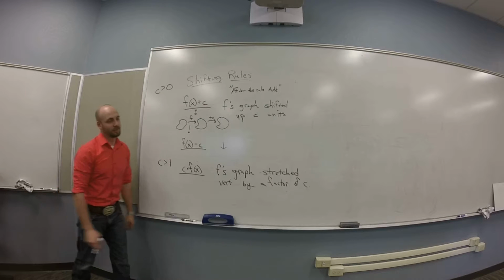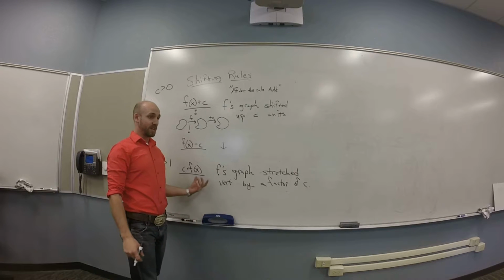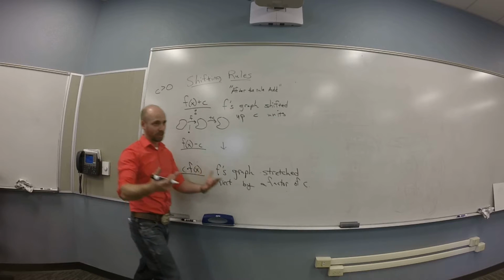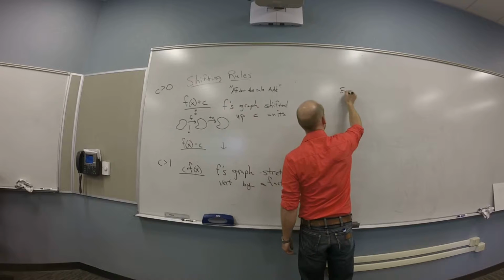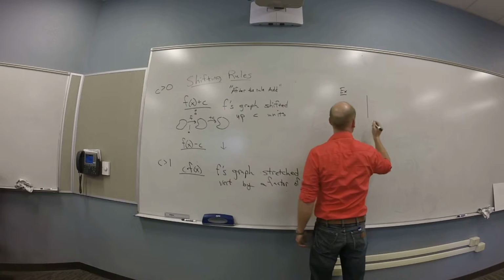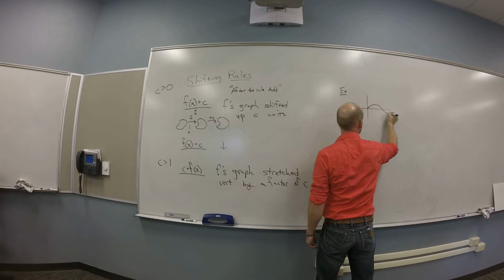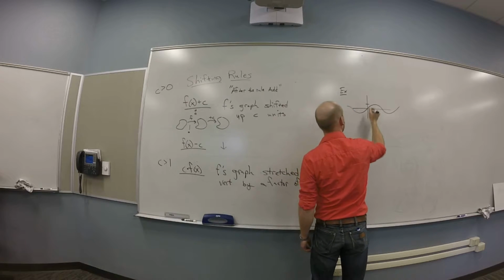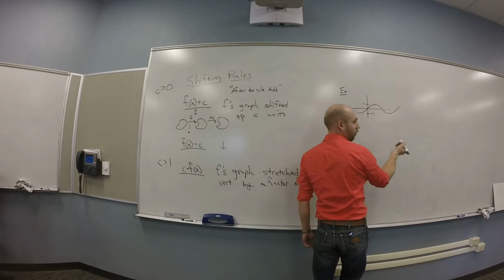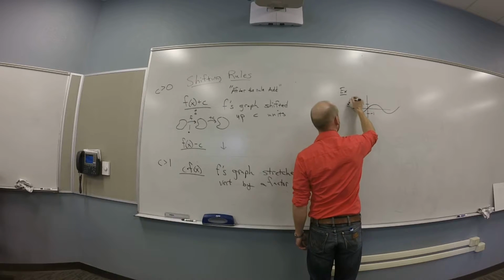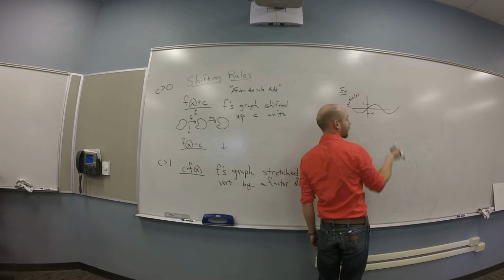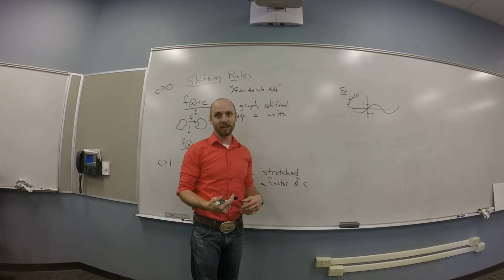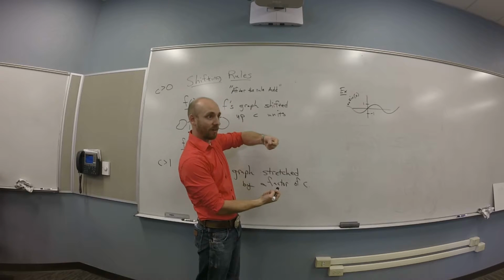So one way you could think about this is just relabeling the y-axis. Here's my favorite function to do this with. Here's sine. Normally these are at -1 and 1. So this is me thinking of sine of x. If I wanted to draw twice sine of x, that'd be stretched out.